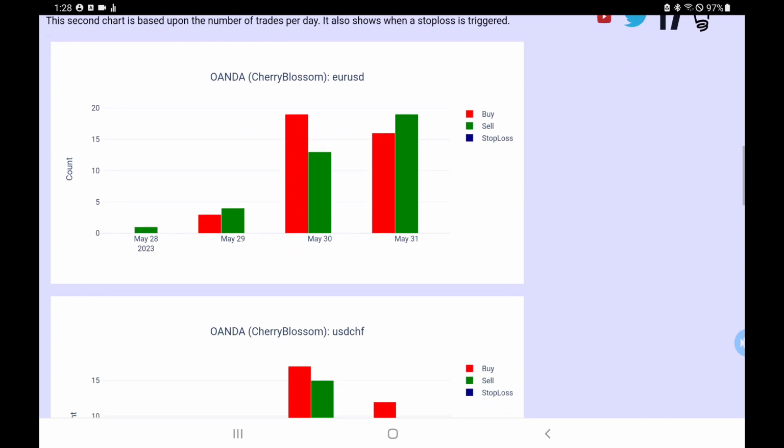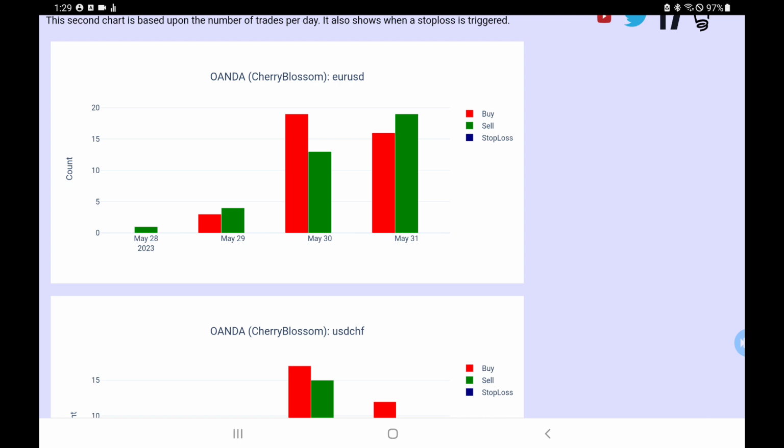Here is my Euro USD buys and sells for the week so far. Pretty straightforward and simple. Remember, this is a grid trading technique. So it's going to have multiple buys and multiple sells on a daily basis. Notice that Euro USD has not taken any stop losses this week.